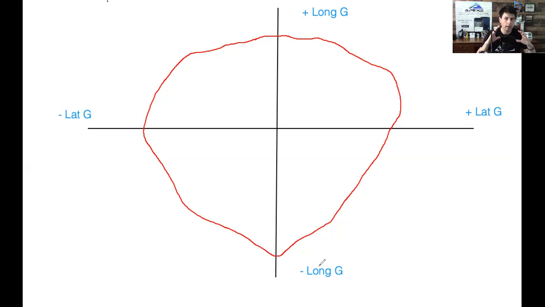So try to relate everything that we talk about here with what you're feeling. An acceleration that's plotted right here, I'm going to change this to an arrow to make this make a little more sense. Let's make it yellow. An acceleration plotted right here at 0 lateral G, positive longitudinal G, is gas pedal, going straight.